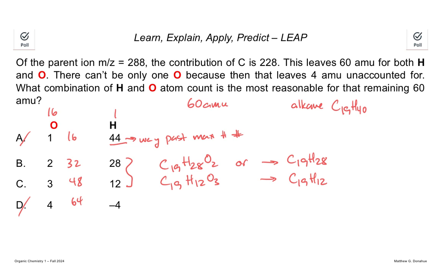We calculate degrees of unsaturation, H40 minus H28, that's 12. Divide that by 2. So that gets us 6 degrees of unsaturation. And then what do we have? 40 minus 12 is 28. Divide that by 2, that's 14.